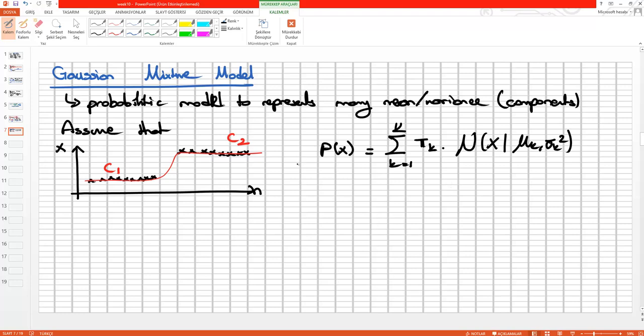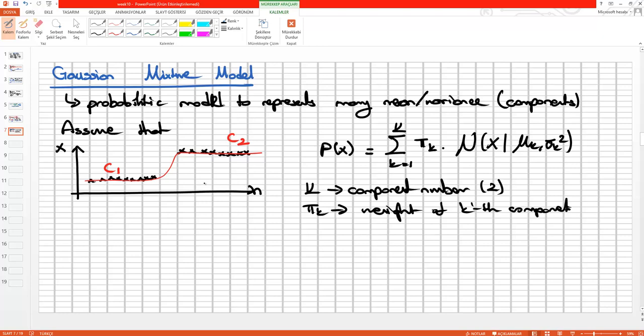What is K? I will explain that. K is the component number, which means that in this case K is equal to 2, right? And Pk is equal to the weight of the K-th components.